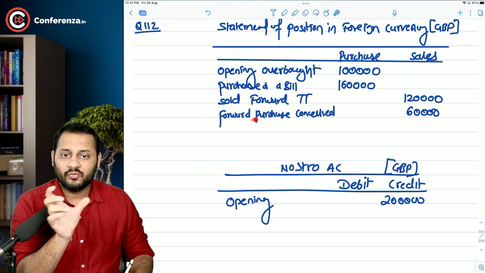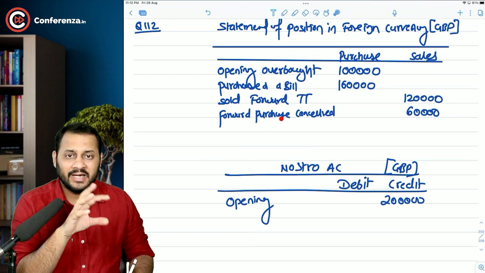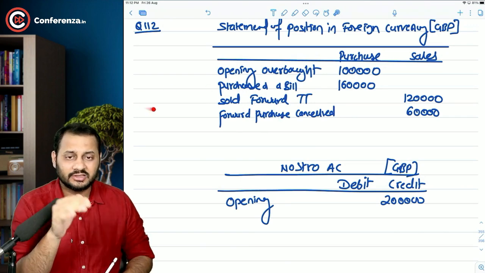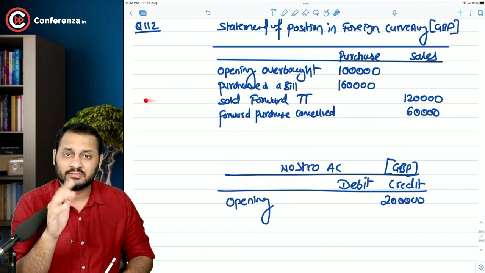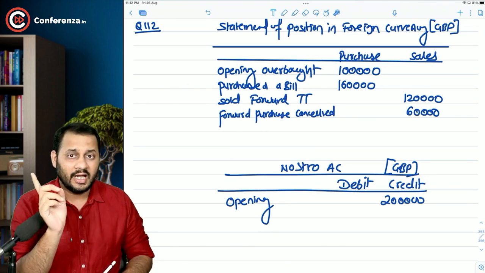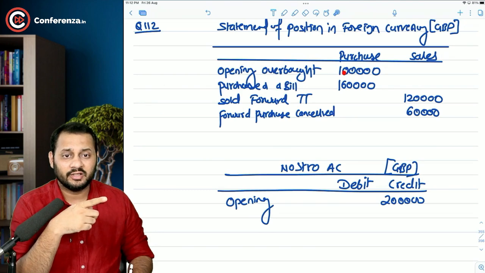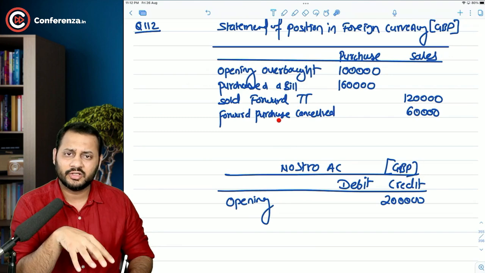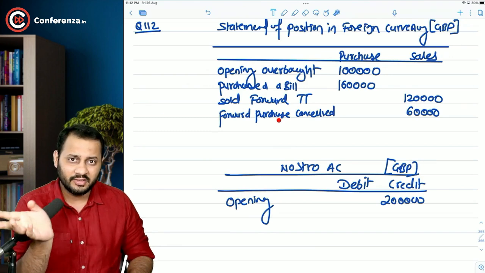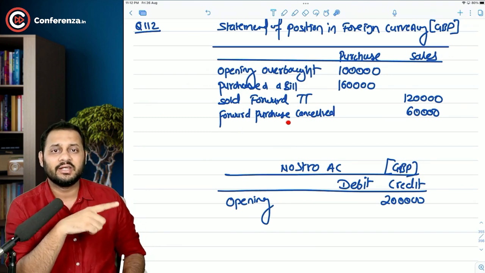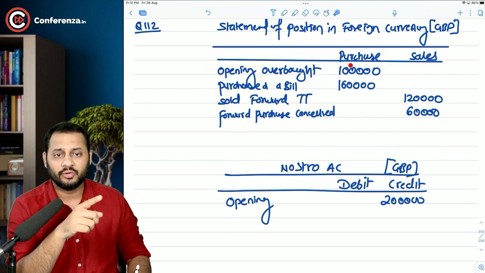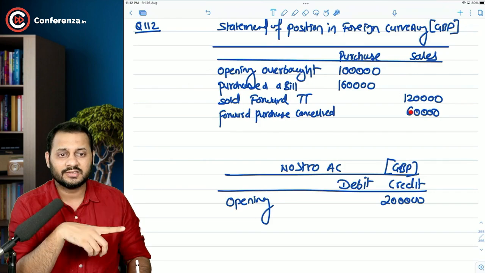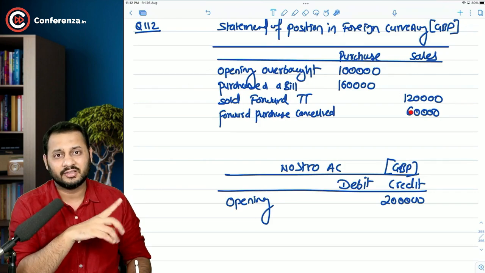See, the forward purchase contract might have been entered in the past in some other register, maybe last month, and that balance is already carried forward here in 1 lakh. So let's assume that the entry of the forward purchase contract was made earlier and that contract is now getting cancelled. So the 60,000 written under the purchase column is now cancelled by writing again under the sales column.